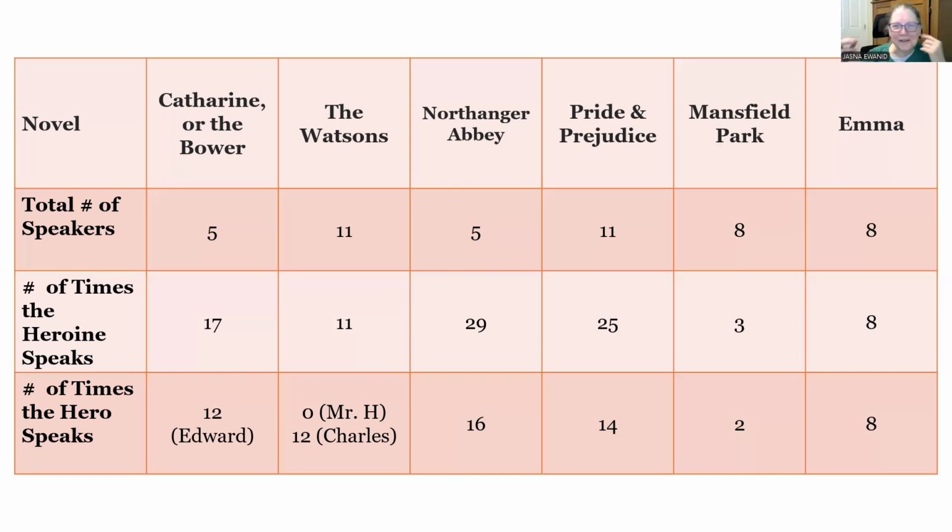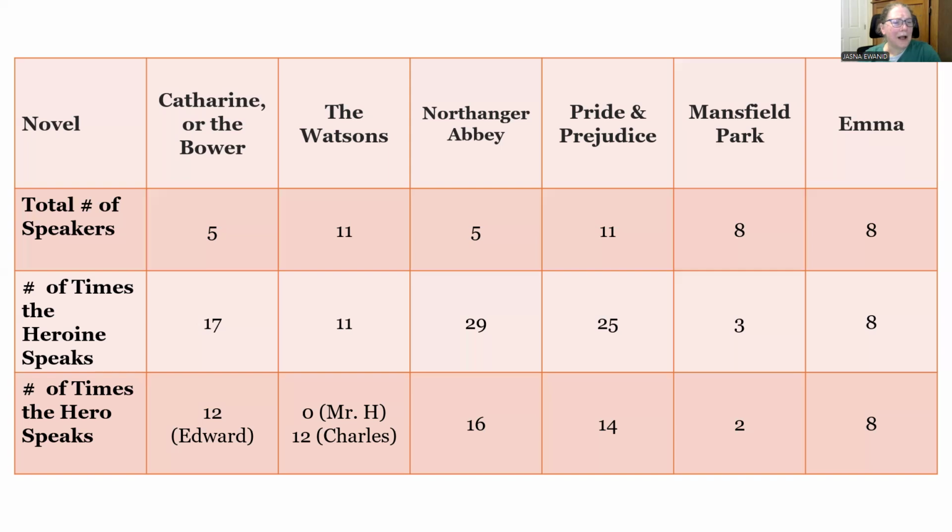I found that one shocking when I went through it. And then in Emma, she doesn't really speak that much either. It's 8 times. Looking at the number of times that the hero speaks, there are some parallels, but usually less than how much the heroine speaks.